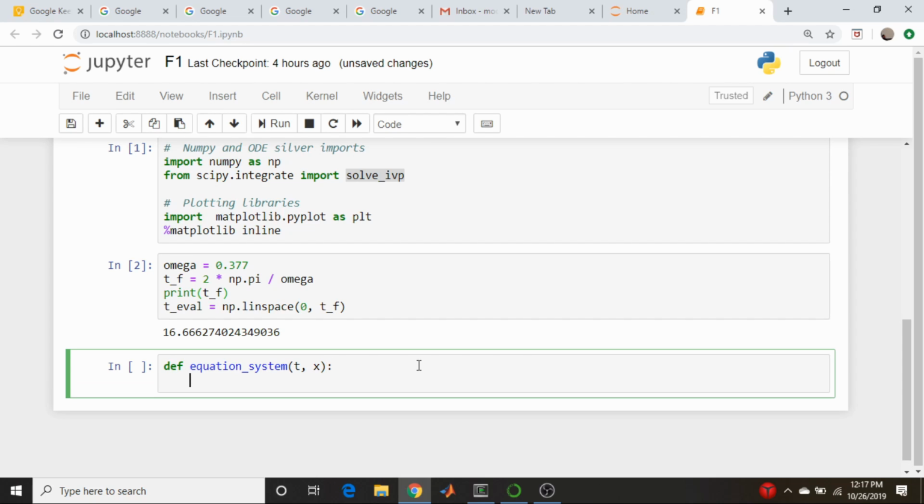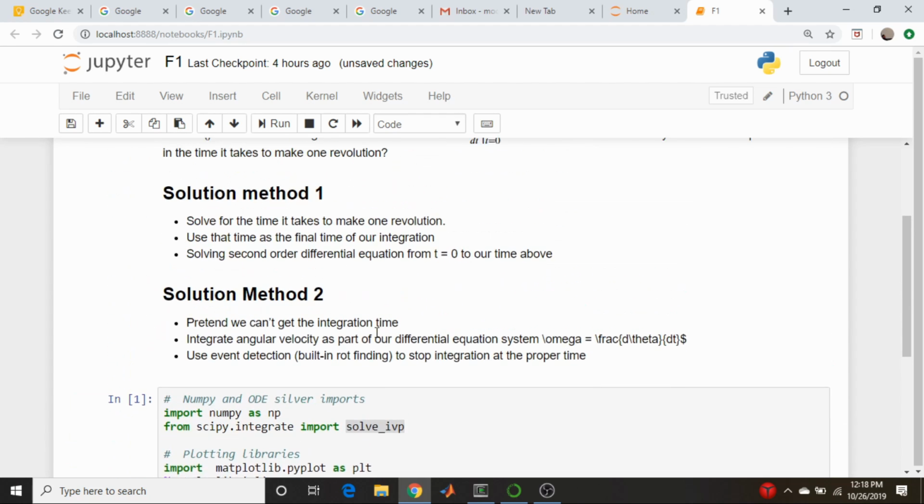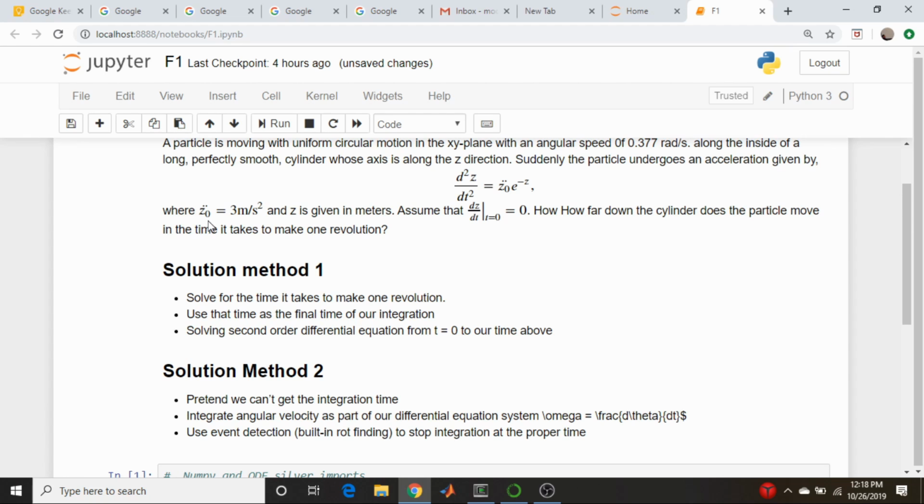Before we do that, we're going to define a0 in the function. You can define it in a more convenient place for real things, but let's just do it here. This a0 is going to be the amplitude of our acceleration term, that 3 meters per second squared up here.